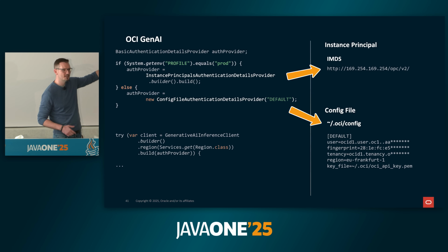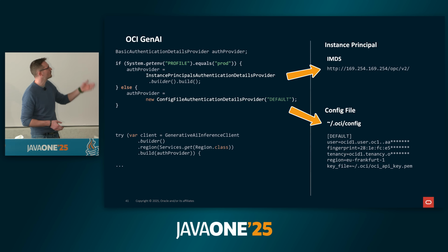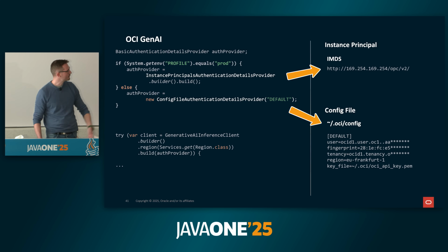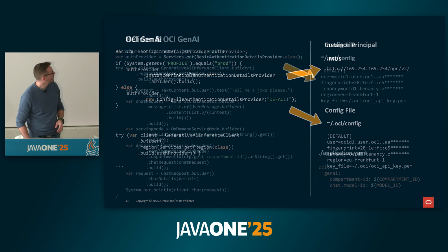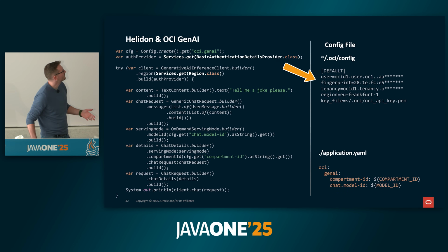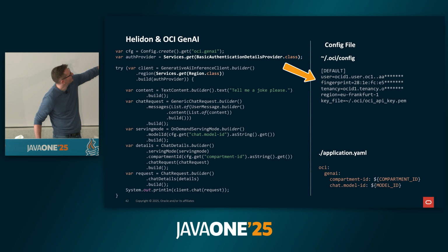This is how you would have done it, without us. That's when we will eventually have some if statements, figuring out if you are production or not. So you can use your laptop configuration or use the actual service somewhere in the OCI service. What we do for you, I'm trying to be really fast, is that we actually provide it as a Helidon inject service.